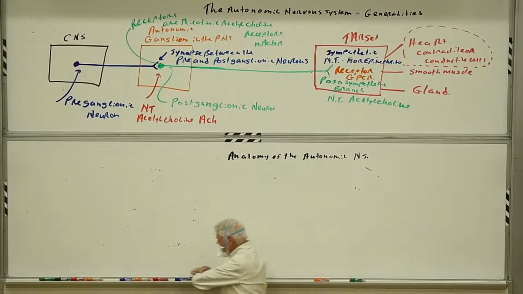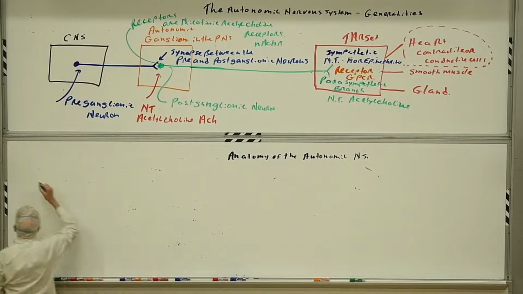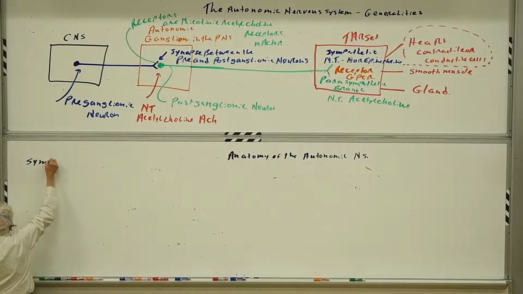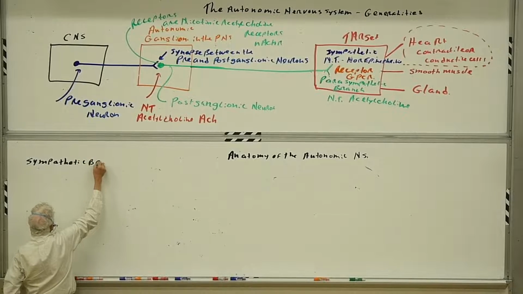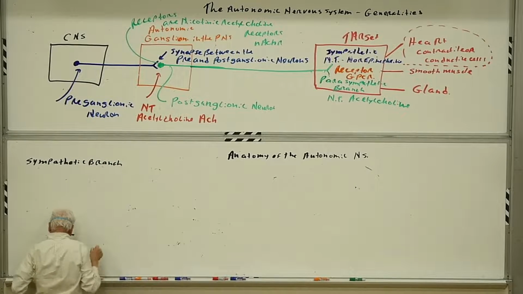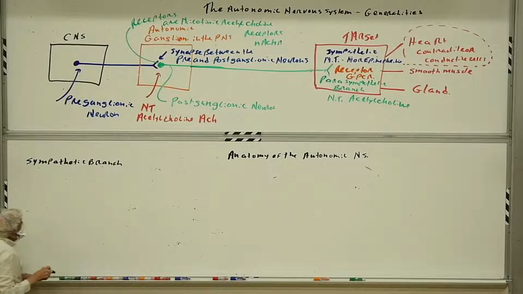We're going to start over here with the sympathetic branch. Now I'm first going to draw this as a cross-section of the spinal cord, and then we're going to superimpose it on the ice cream cone diagram.